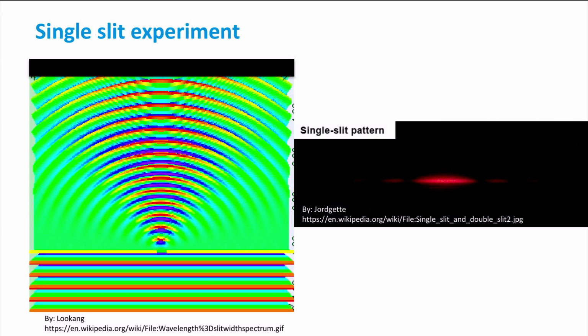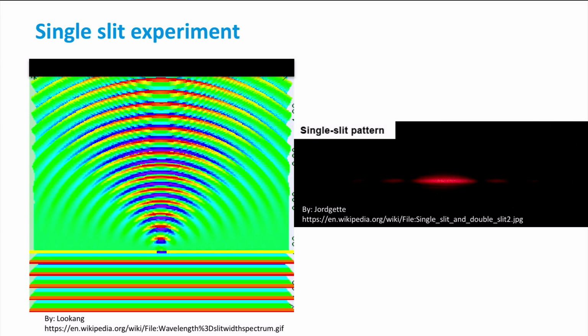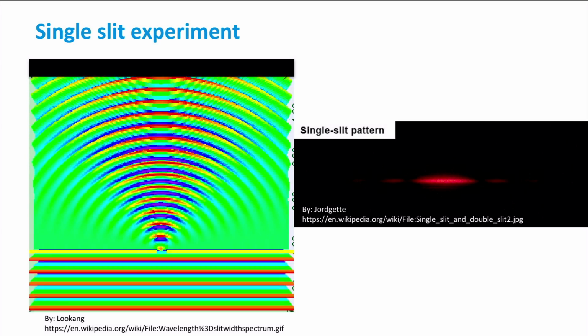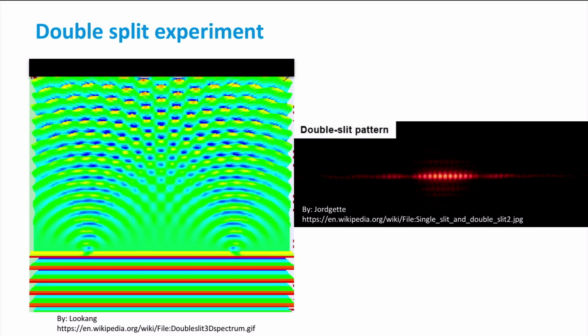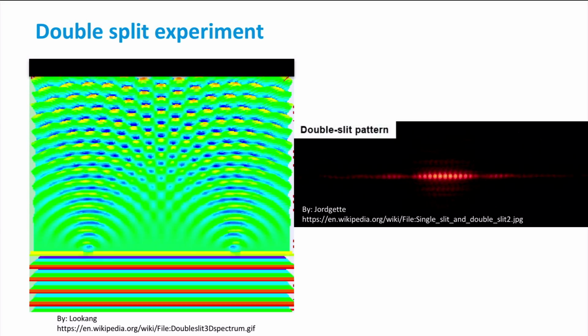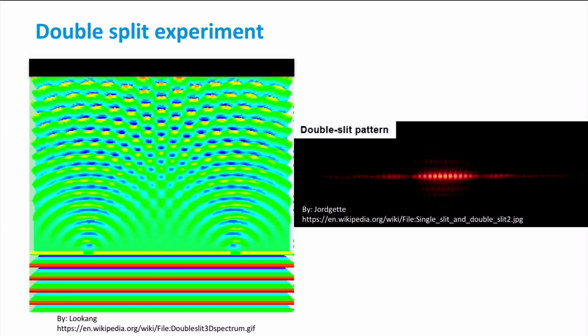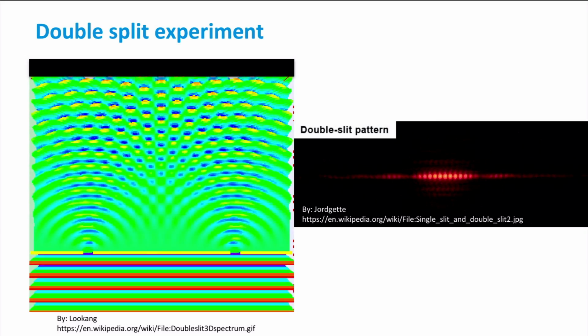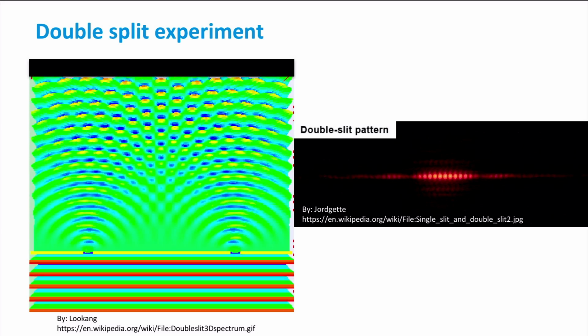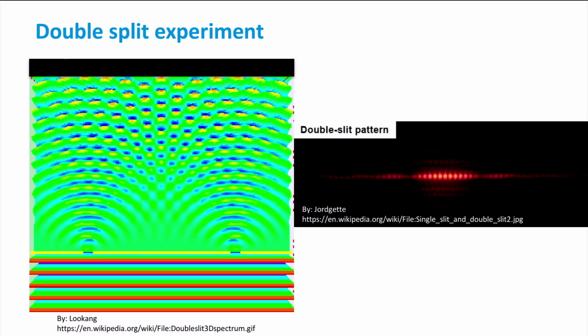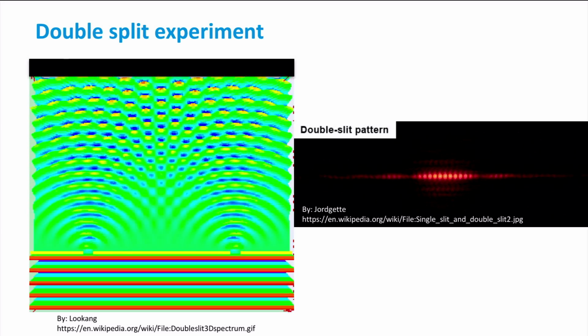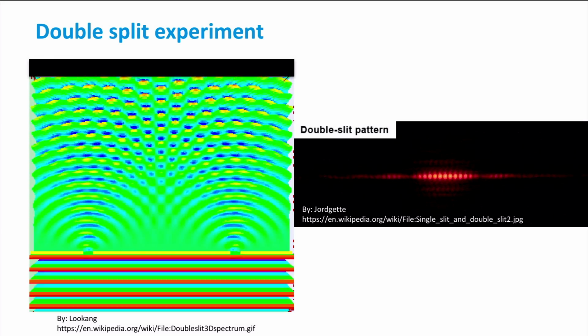But what happens when we introduce a second slit, also with a wavelength sized width? What we see is that the two waves start to interfere with one another. The uniform outward moving half circles are now broken up into peaks and troughs. These peaks and troughs also appear on the black wall.